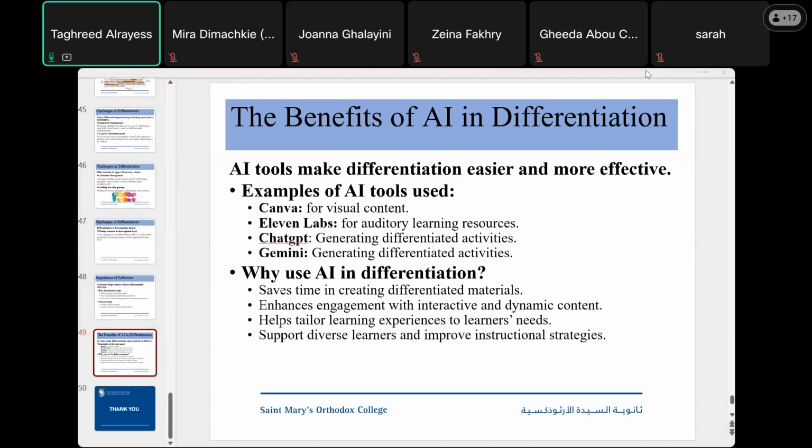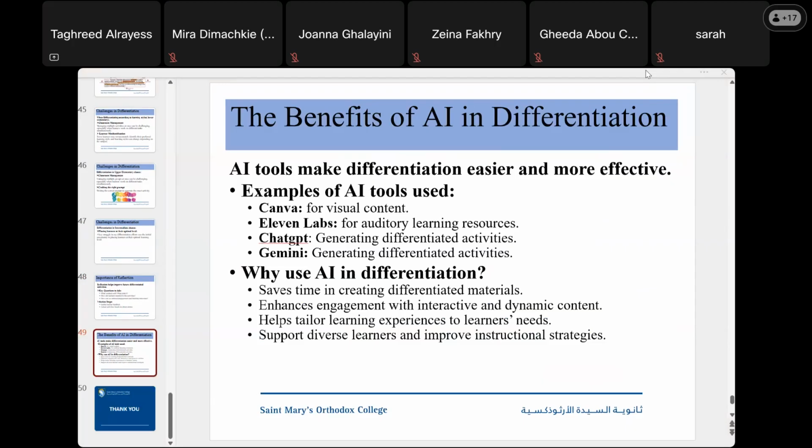AI's ability to simplify differentiation and reduce its demand presents a transformative opportunity for us all. Now that AI is making tailored instruction more accessible, what barrier prevents its widespread adoption for all learners? If AI is making the job this easy, then why aren't we taking the chance to use it and tailor for our learners?